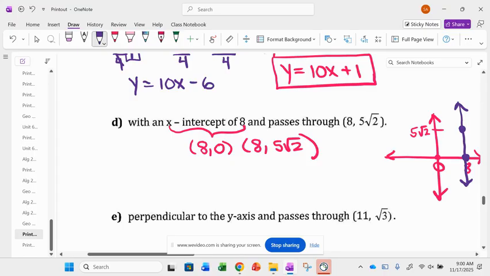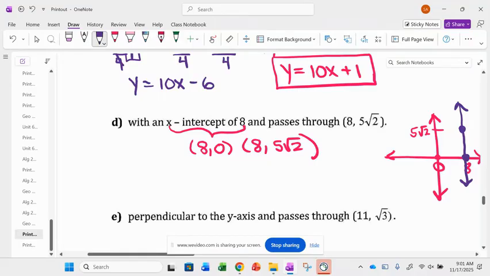So now, remember the special case for a vertical line, the equation of a vertical line. We had 2 special cases. One special case was x equals some number. The other special case was y equals some number. Which special case is the vertical line? The slope is undefined, but now we're just talking about the equation of the line. Remember, if you cut the x in half, it looks like a V for vertical line.